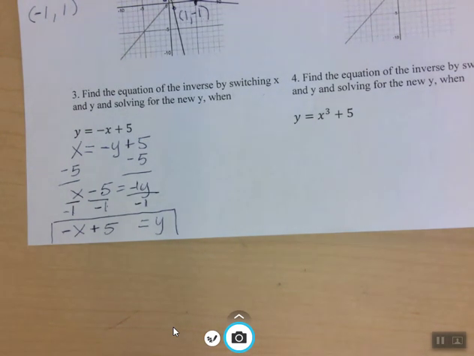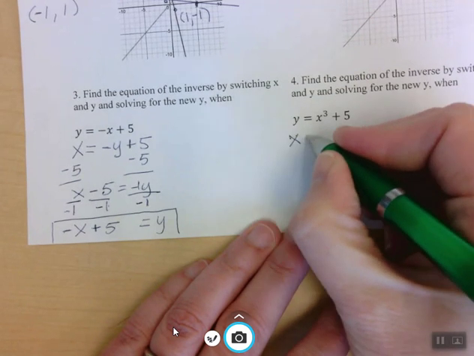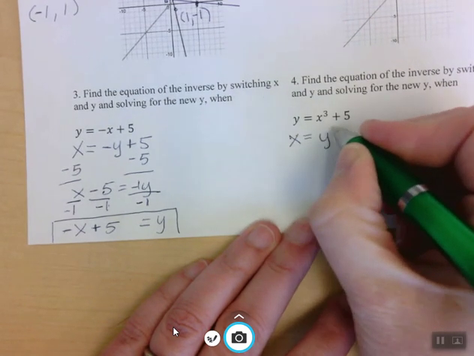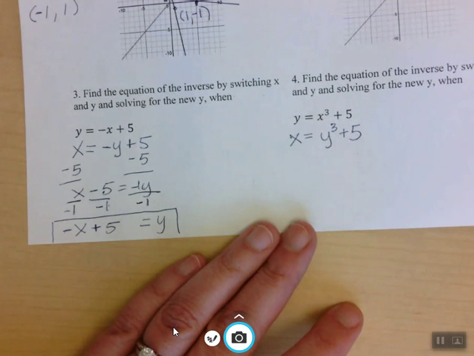All right, any questions before we do the last one on our inverse functions notes? Okay. First step, switch x and y. So this is x, and this is y. Now I have to get y by itself, so what do I have to do to both sides?